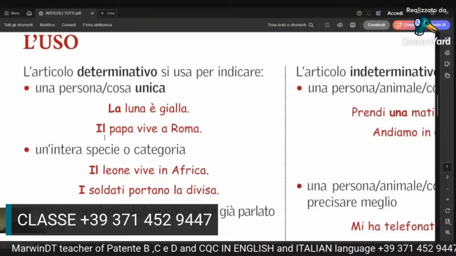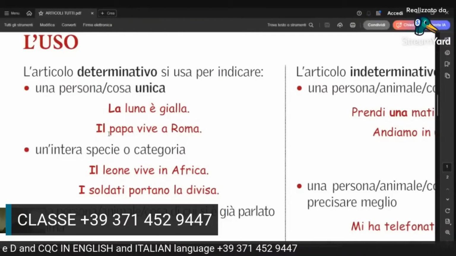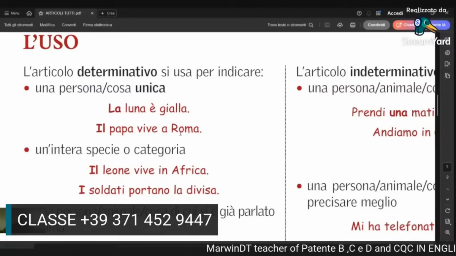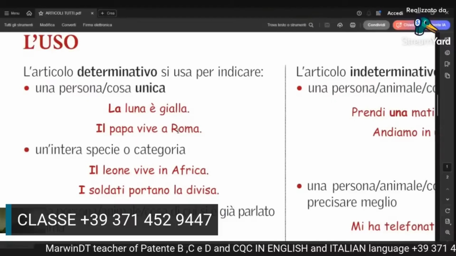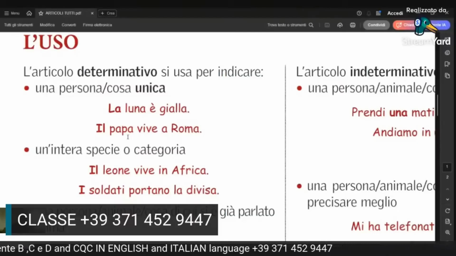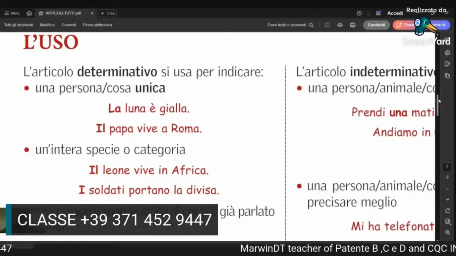Second example, il papa vive a Roma. Il papa vive a Roma, meaning the Pope lives in Rome.